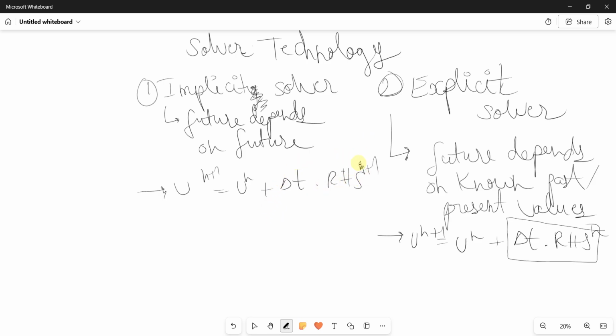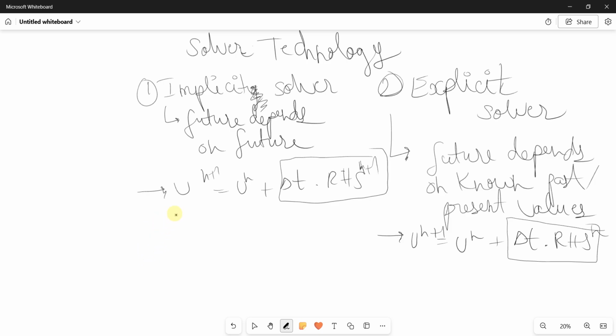So this is technically the future part. So as I told, your future value is depending on present, of course, plus the future value. So how is it possible? So when you're doing a matrix, like if you're doing a coupled solving, right? So usually matrix handles all values parallelly, right? So that is why you use implicit, that's when you have this idea of implicit solver.